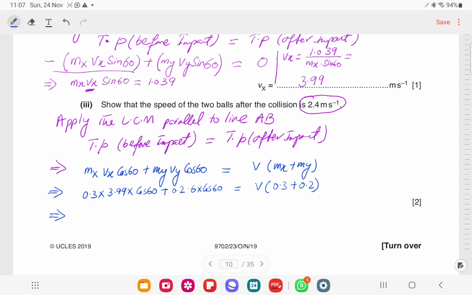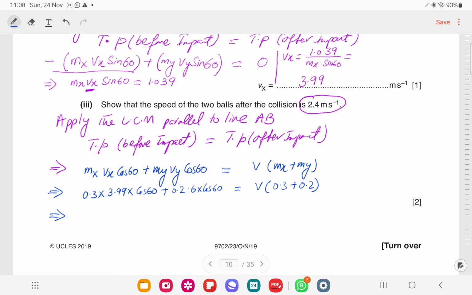Now I'm solving the left hand side first. 0.3 into 3.99 into cos 60. Hold on, something is going wrong with the calculator.